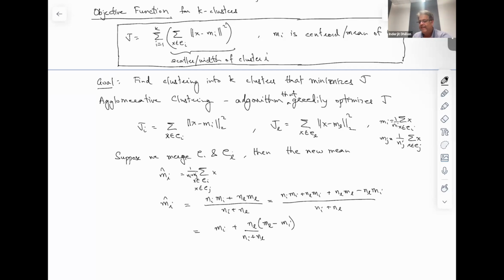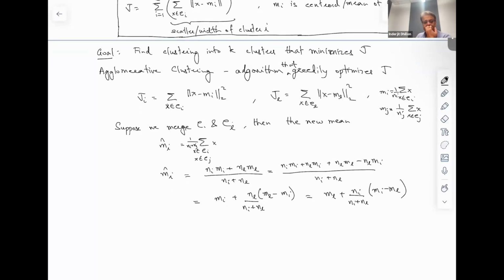Okay. And similarly, I can write it as a modification of Ml. It'll be Ml plus Ni divided by Ni plus Nl, Mi minus Ml. So there are two different ways that I can write it.